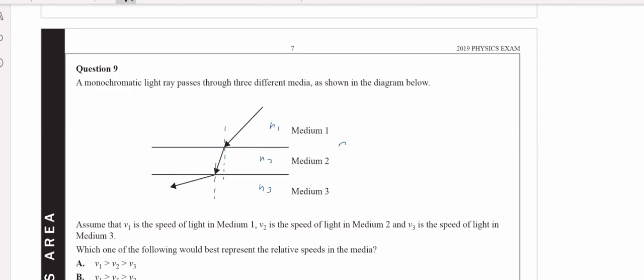So then that must mean that N1 is less than N2. And this is moving away from the normal. So N3 is greater than N2.